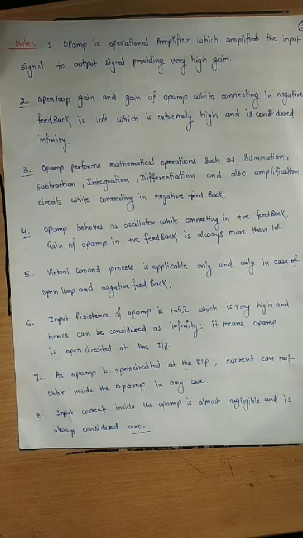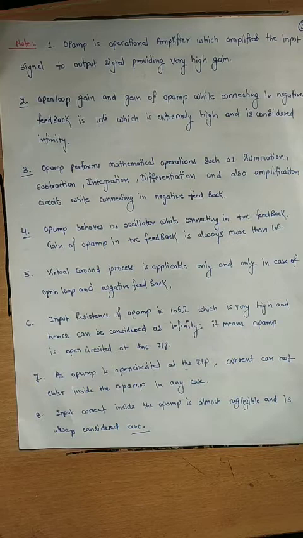If VGP is applicable, it means V2 is equal to V1. So what is V1? V1 is 0. So V2 is 0. So V1 is equal to 0, V2 is equal to 0. And the third point is current inside the op-amp is 0. It means input current at op-amp is 0.